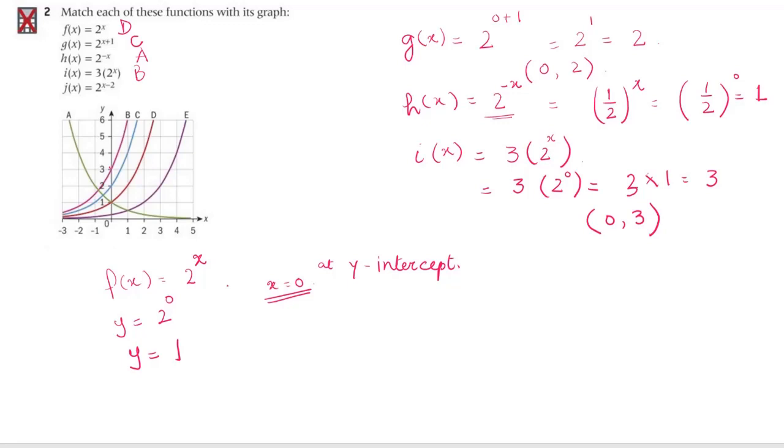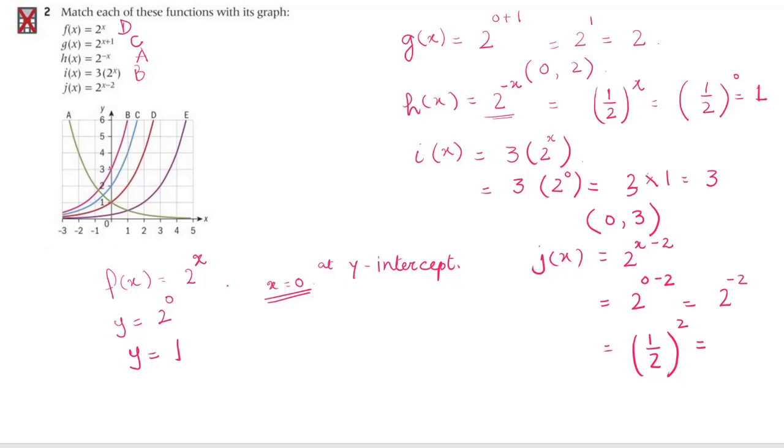j of x is 2 to the power x minus 2. Putting x equal to 0. What does it mean? 2 to the power minus 2. Again, 1 over 2 to the power 2.